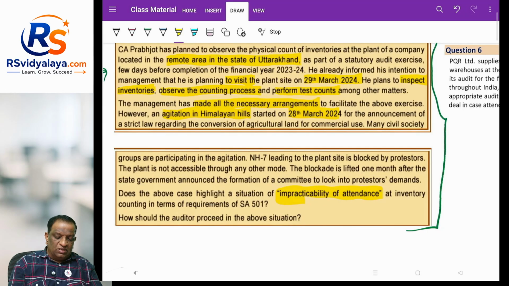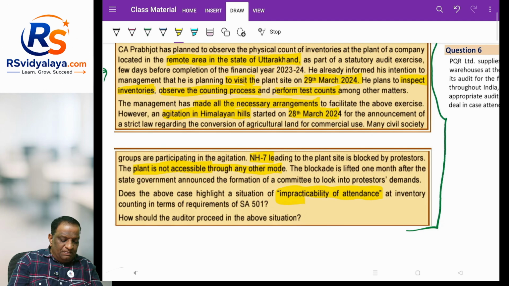Because of this agitation, the plant is not accessible. The auditor could not go through any other mode because they have blocked the national highway which is leading to that plant site, and there is no other mode. So this will come under impracticability of attendance.